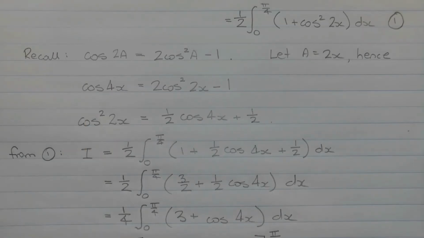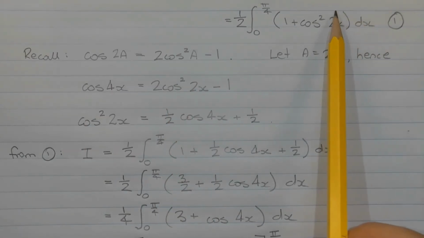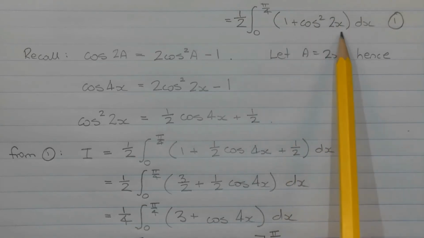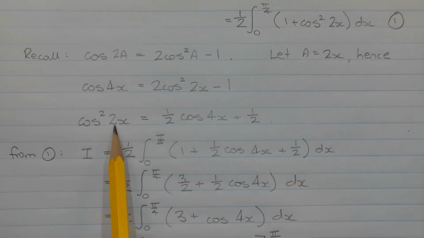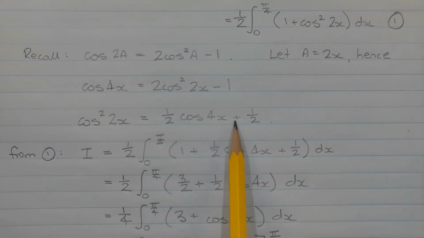Rearranging this identity to make cos squared 2x the subject, because we need to replace cos squared 2x in the integrand here, we get cos squared 2x is equal to half times cos 4x plus 1 over 2.